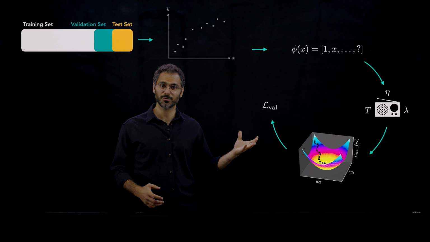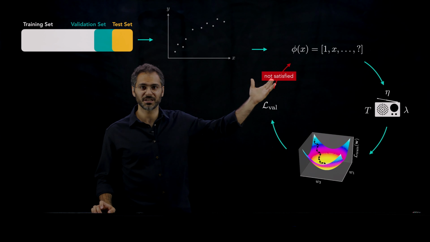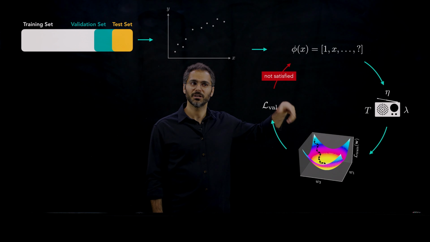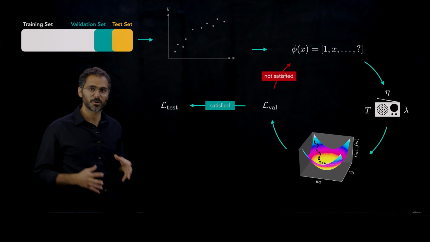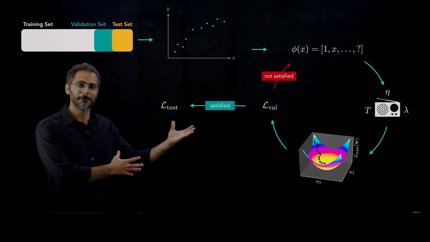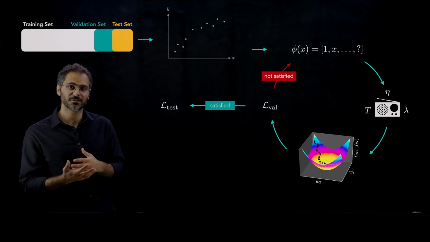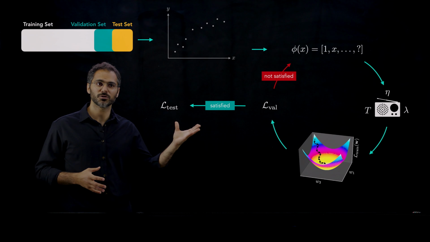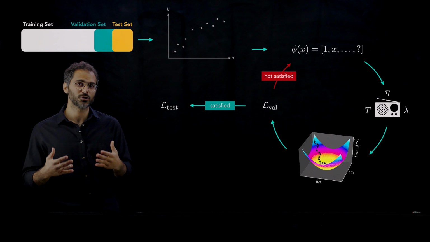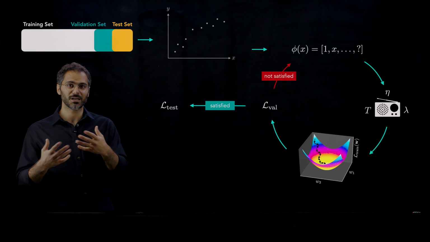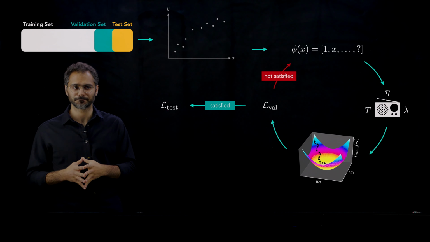If you're not satisfied with the error, you go back and redesign your feature vector, and then you repeat that forever until you're satisfied. Once you think your model is good, you take the predictor and you test it on your test set. If the error is good, this will give you your generalization error, how good your model is to generalize over unseen data.